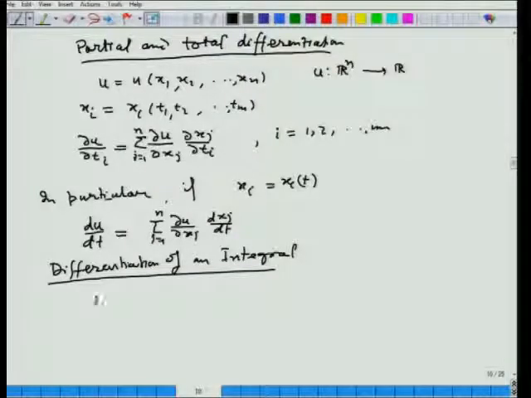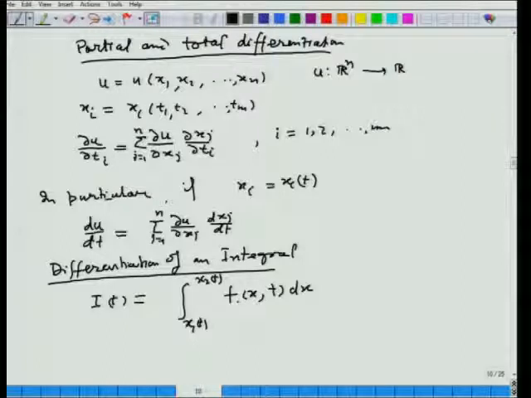So here, take I of t, the integral from x1 of t to x2 of t of f(x, t) dx. Here x is the variable of integration and the limits are x1 and x2, but f as well as these xi's are functions of t. They are continuously or piecewise differentiable functions of t.